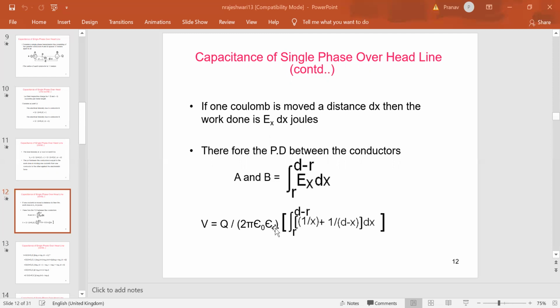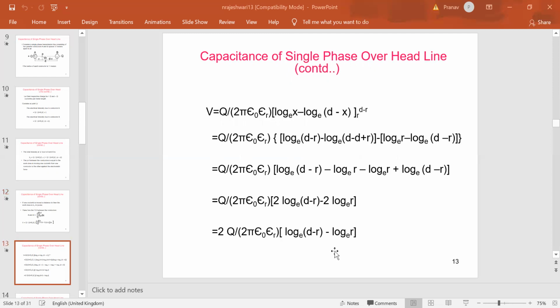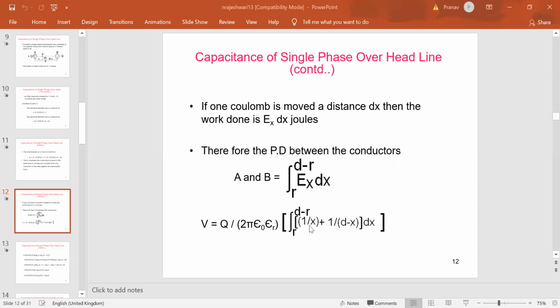So the potential difference V is equal to q by 2 pi epsilon naught epsilon r, and the integration from small r to d minus r of 1 by x plus 1 by d minus x dx, where this is from point A and this is from point B. By integrating those two terms, the integral of 1 by x is log x and of 1 by d minus x is log of d minus x.